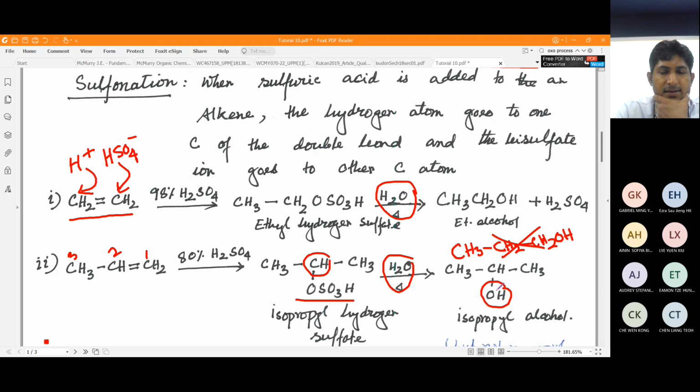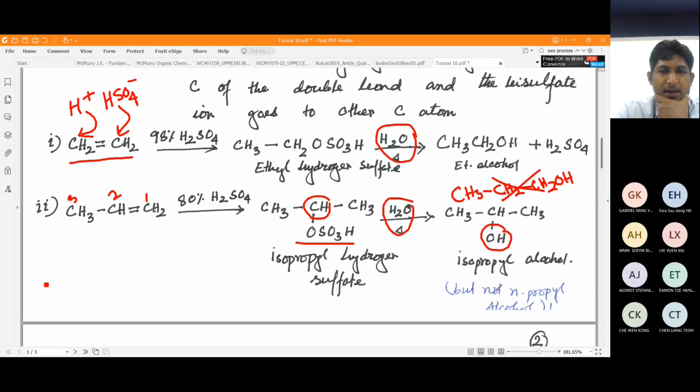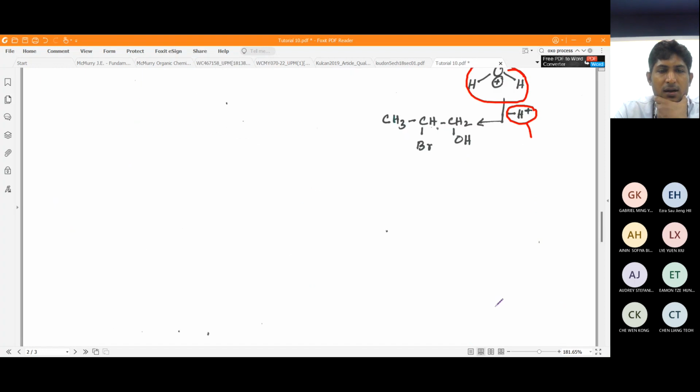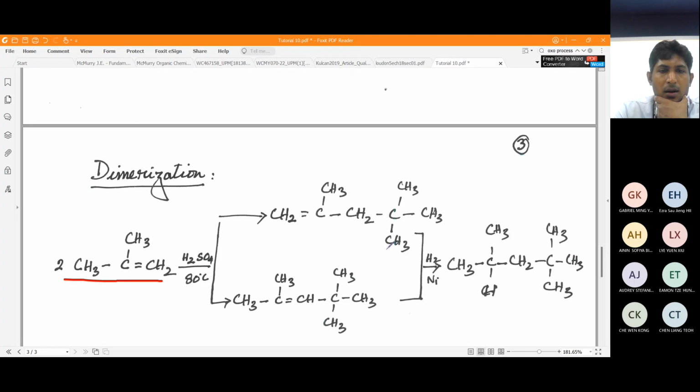This is the simple way of showing what is happening. But if we look into the detail, they are producing a similar product, but with a different arrangement. So that is called dimerization, right?